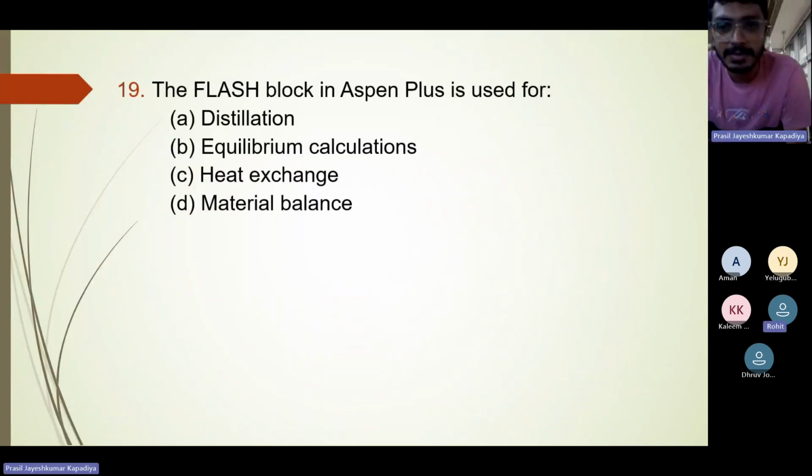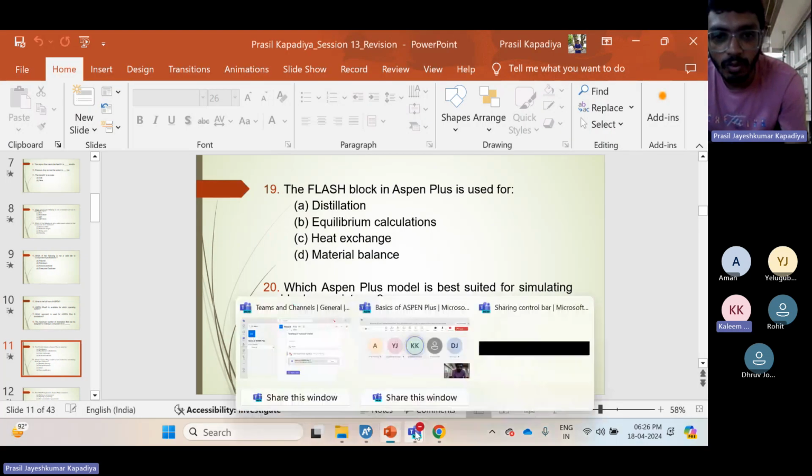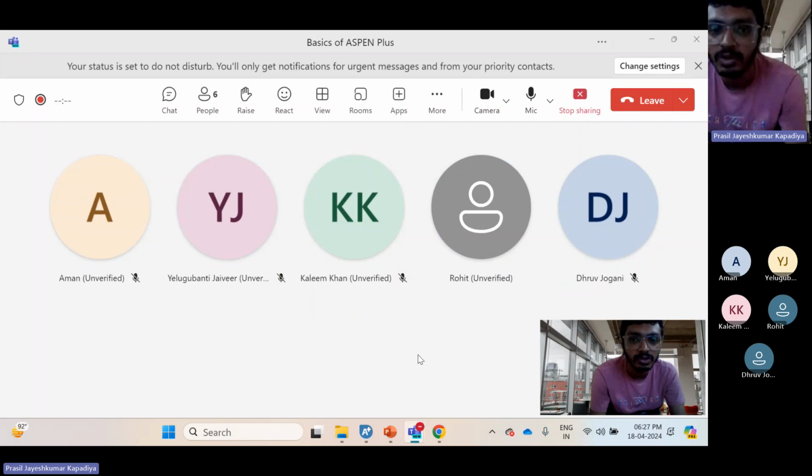The flash block in Aspen Plus is used for distillation, material balance, or equilibrium? Someone first told distillation.